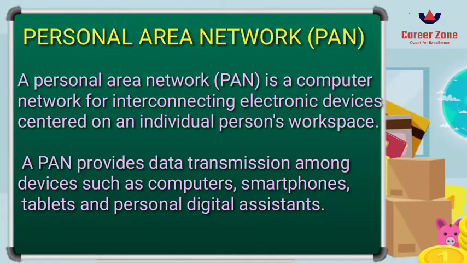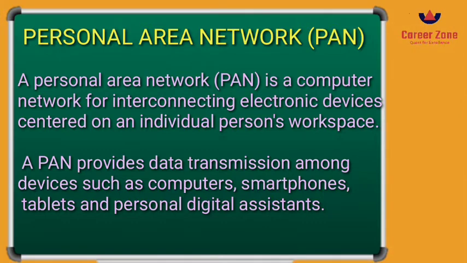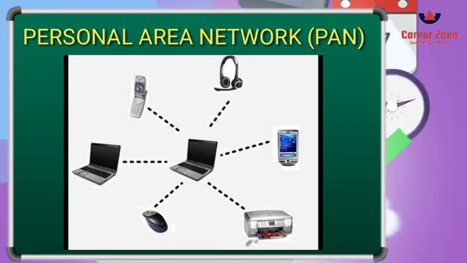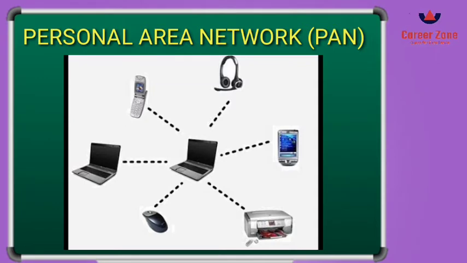So that is called forming a personal area network. You can see the diagram here where a laptop is connecting different devices, the mobile phones, other laptop, headphone, printer. So this form of network is called personal area network.